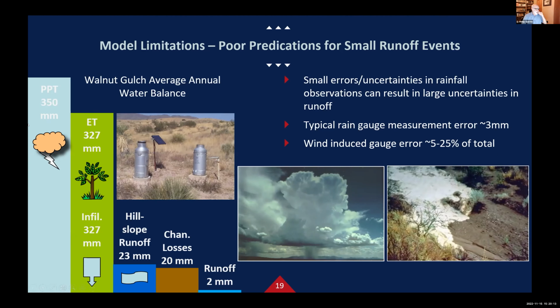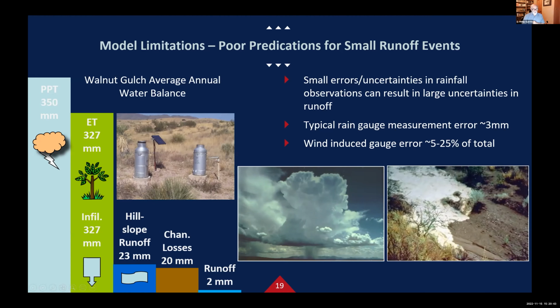Looking over here on the right, the water balance at Walnut Gulch. We average about 350 millimeters per year. Almost all of that is infiltrated into the soil and evaporated back up to the atmosphere. Only 23 millimeters runs off of the hill slopes into the channel. A lot of that is lost through infiltration into the bottom of the channel.